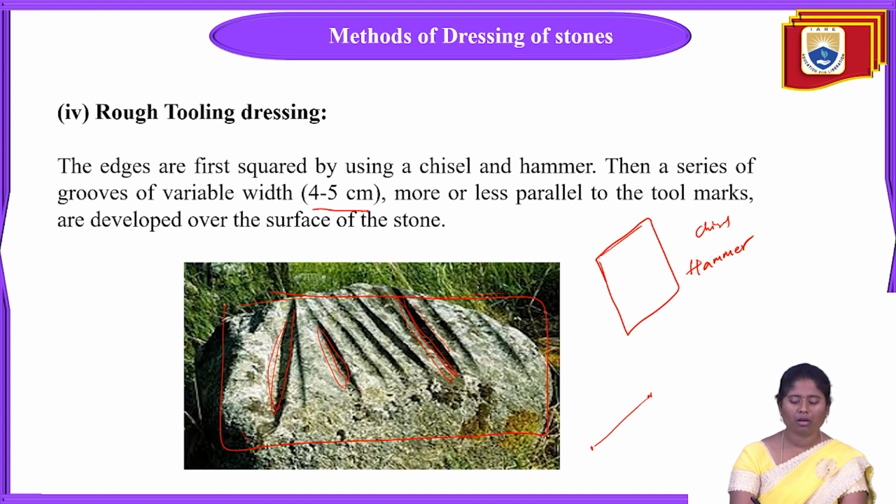These grooves should be given parallel to the tool marks. We have to give the grooves, and these tool marks are developed over the surface of the stone. Here we make use of the grooves to make the joint to joint very strong. Okay.